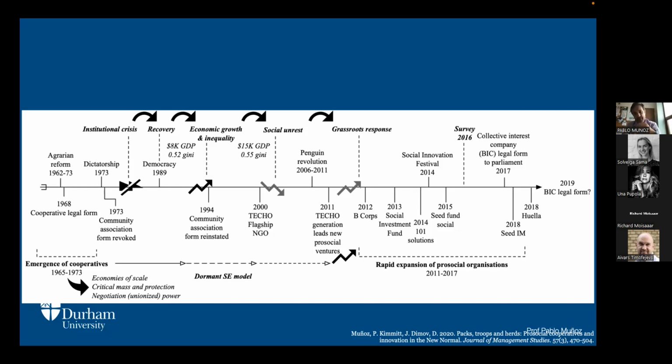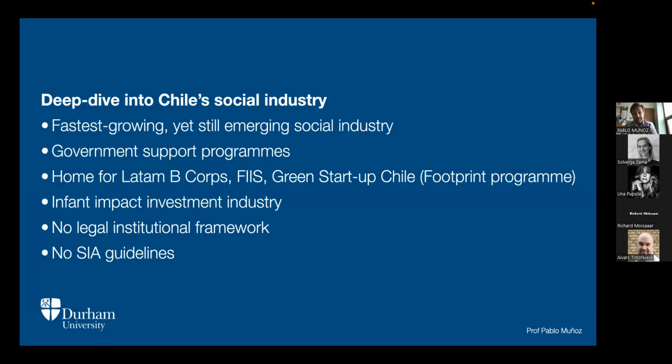So it's a very active social industry with very little guidance. It's kind of bubbling with no control. So that turned it into a very interesting research setting, and we did a deep dive into the Chilean social industry. Again, fast growing in Latin America, but fairly emerging in terms of its institutional structure.